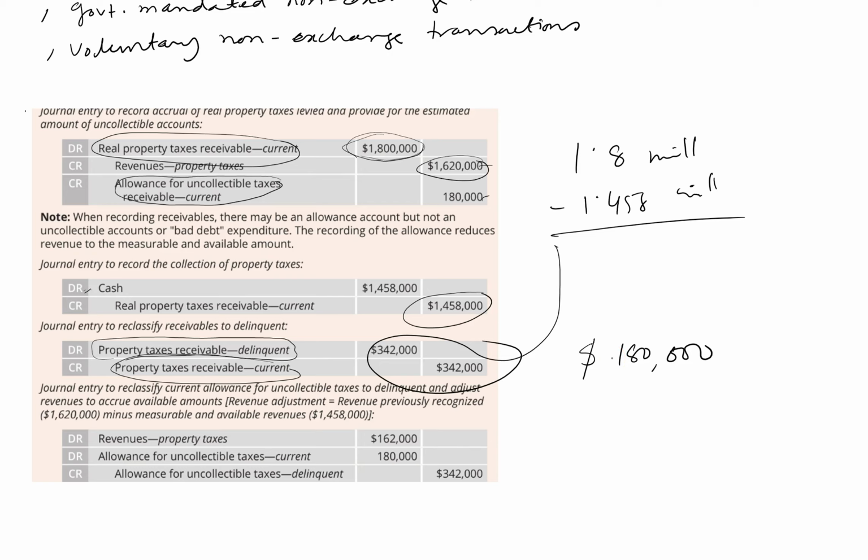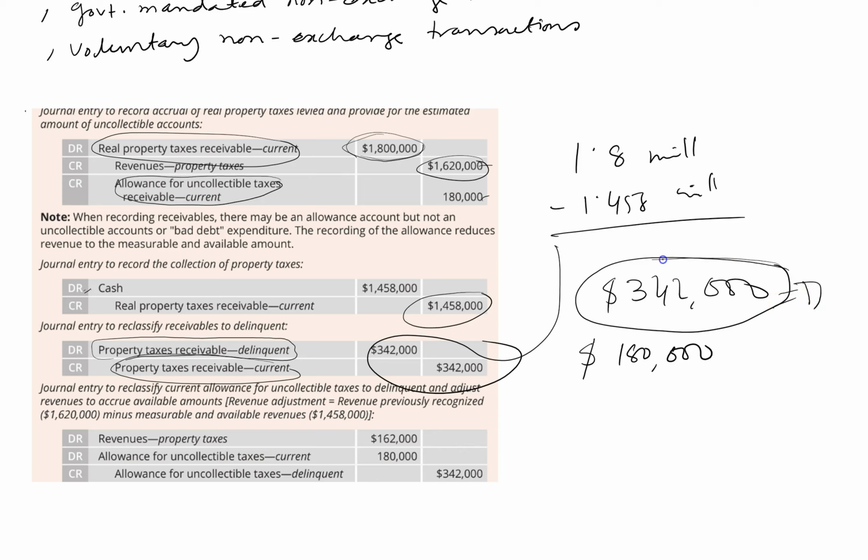Now at the end of the year, you found that you actually didn't collect the amount of $342,000. So now this will be your new allowance, because you actually don't know whether you will be able to collect this amount or not. So we will call it allowance for uncollectible taxes, but with a delinquent classification.